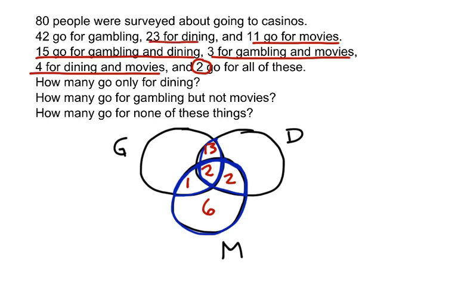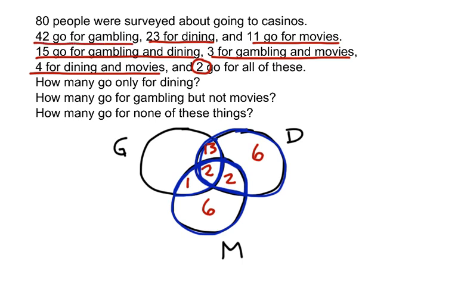I'm told that 23 people go for dining. So inside my dining circle, I need to have a total of 23 people. So far I have 13, 14, 15, 16, 17. I need a total of 23, so I need 6 more. And I don't have a whole lot left to fill in.